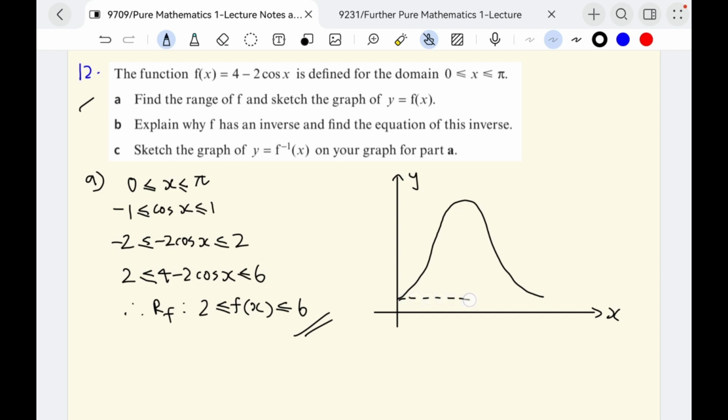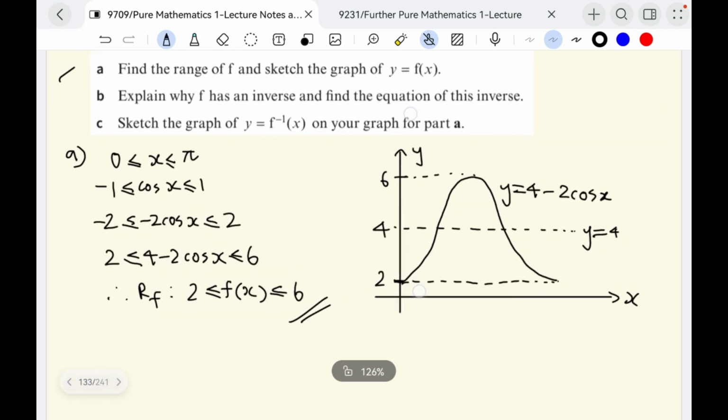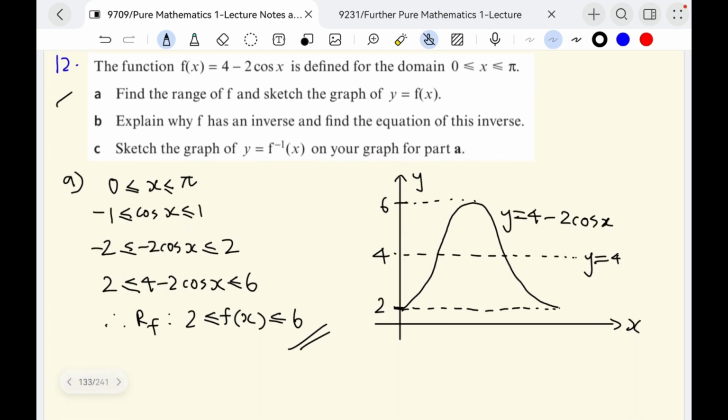So this is 2, label it. And this is 6. Where the center line is 4, because of its amplitude is 2 over here. Write y equals to 4, and then you can write y equals to 4 minus 2 cos x. So this is how the graph looks like for the graph of y equals to fx.